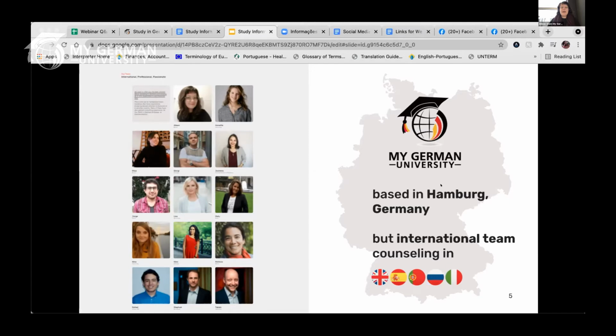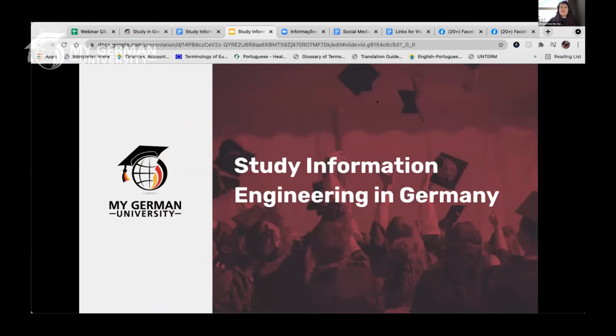And we are a team formed by people who once were international students in Germany, or people who have work experience in the field, and we have people living in Brazil, in Germany, in China. So we are a very international team, and it's our pleasure to be able to help everyone out there who wants to study in Germany.